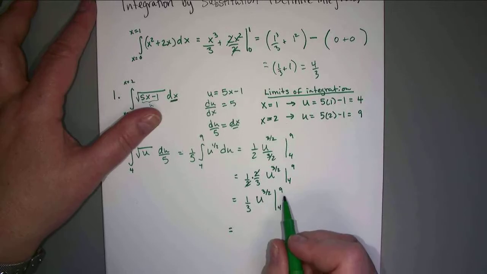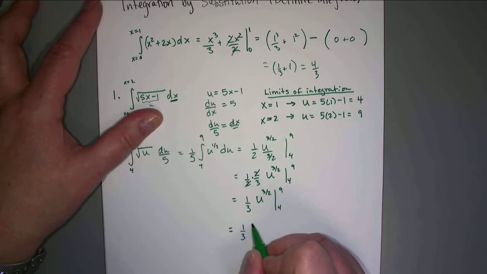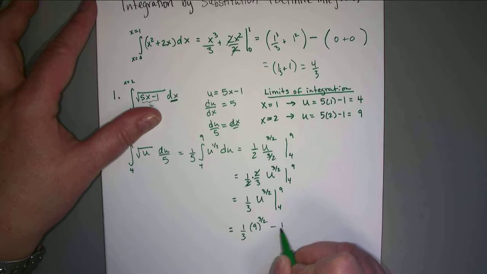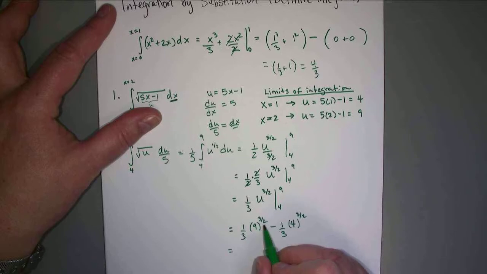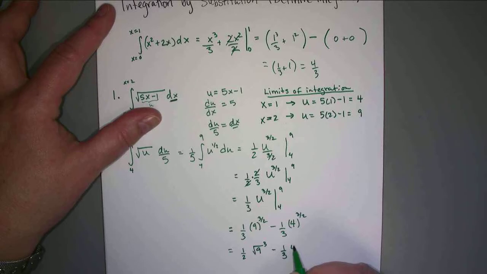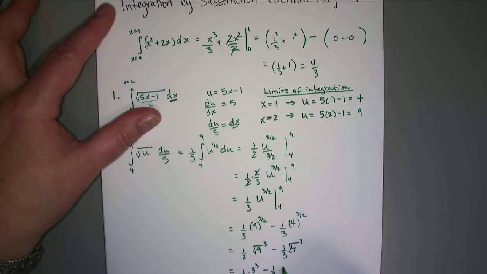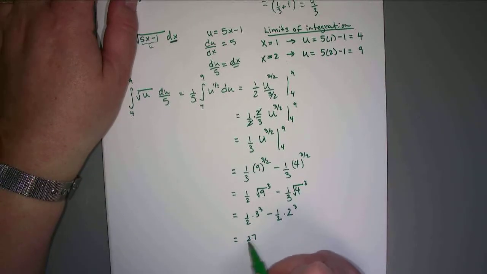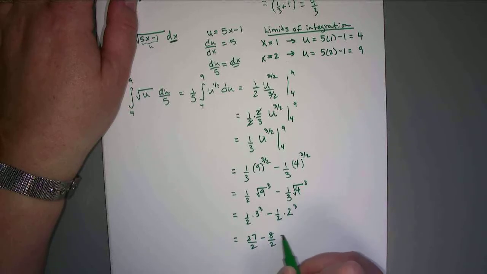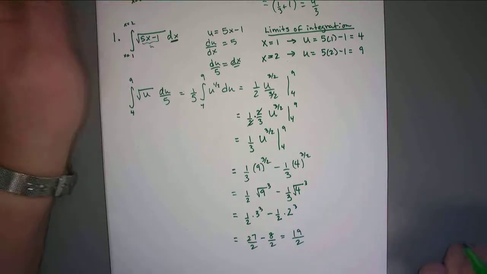So we just plug these numbers in, so we'll have 1/3 9 to the 3 over 2 minus 1/3 4 to the 3 over 2. 3 over 2, that is the square root of 9 cubed, and this one is the square root of 4 cubed. And that would be your answer.